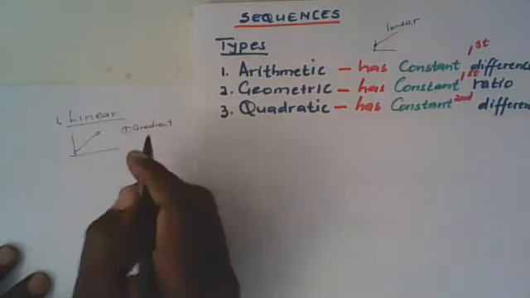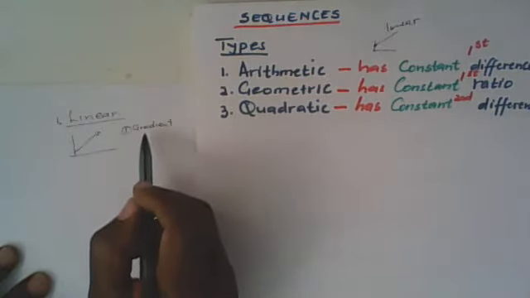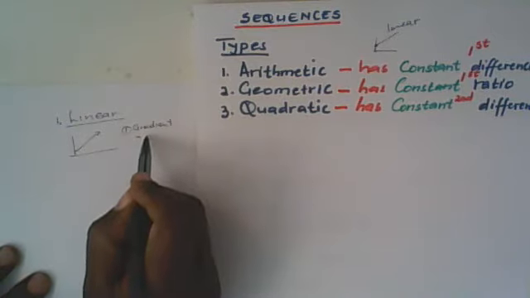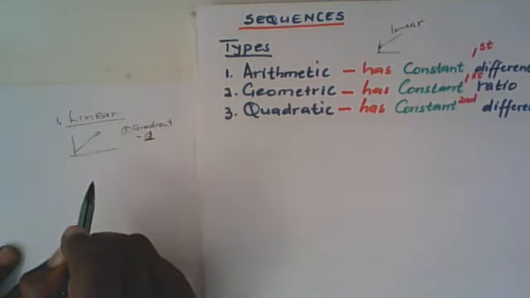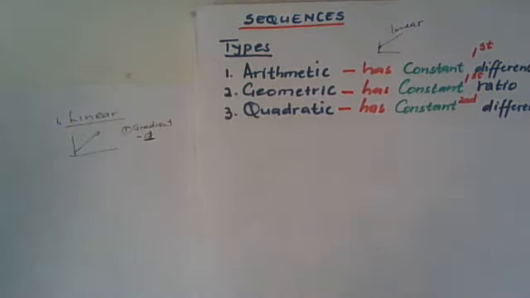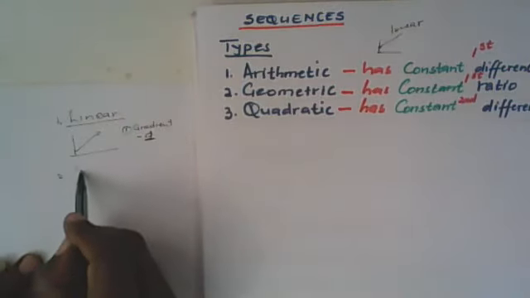That gradient is always the constant difference. And now, on the second, you have geometric.